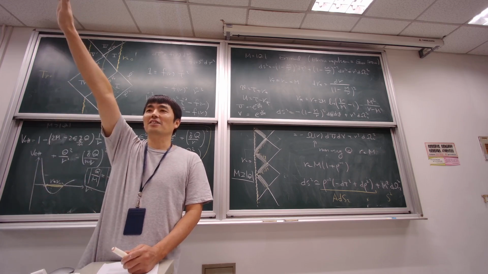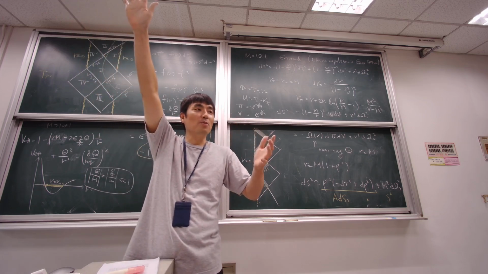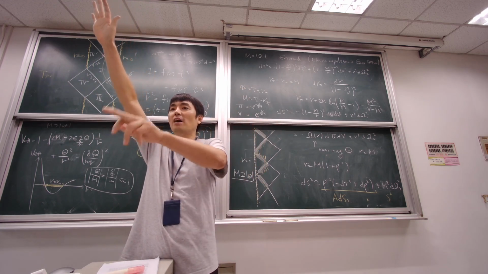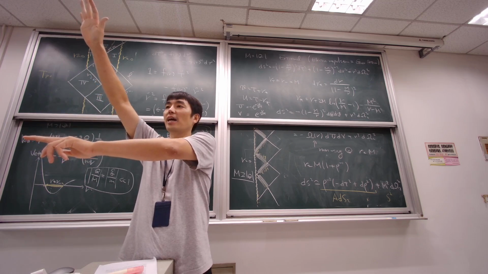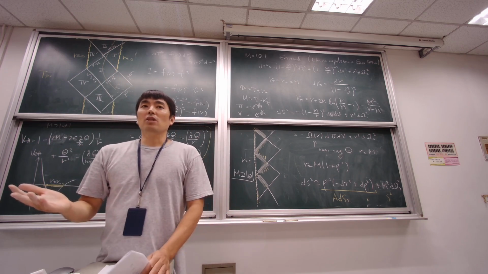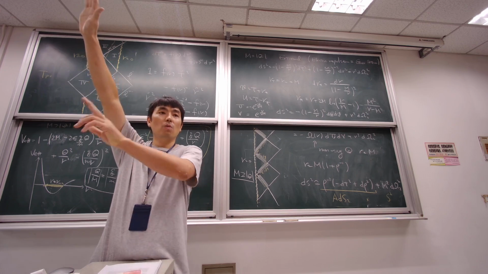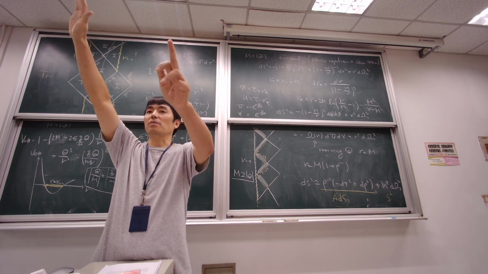Please raise your hand if you want me to talk about it. Let me count. I want to be democratic. 1, 2, 3, 4, 5, 6, 7, 8, and 9. Okay, 9. If you don't want me to talk about it next week, please raise your hand. 1, 2, 3, 4, 5, 6, 7.